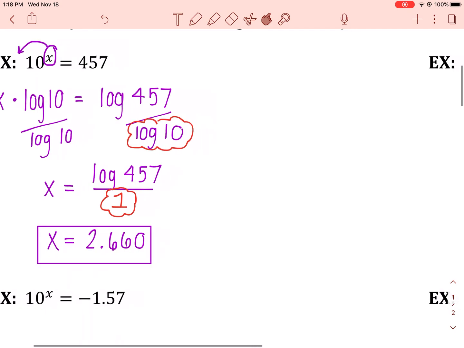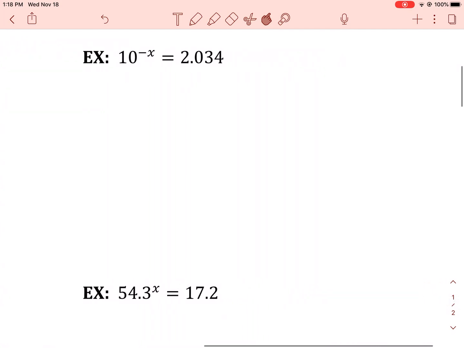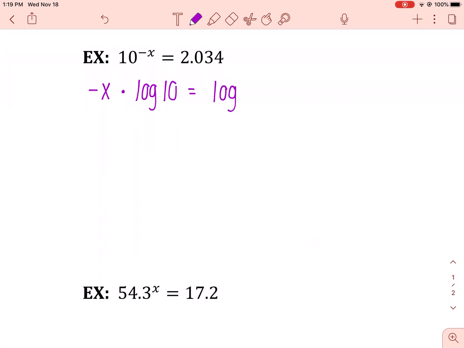Next example. We now have 10 raised to the negative x equals 2.034. Notice that the exponent is where the variable is. It's in exponential form. To get out of exponential form, I'm going to take the log of both sides, which means the negative x is going to be multiplied in front of a log base 10. When you do log on one side, you need to apply it to the other side.